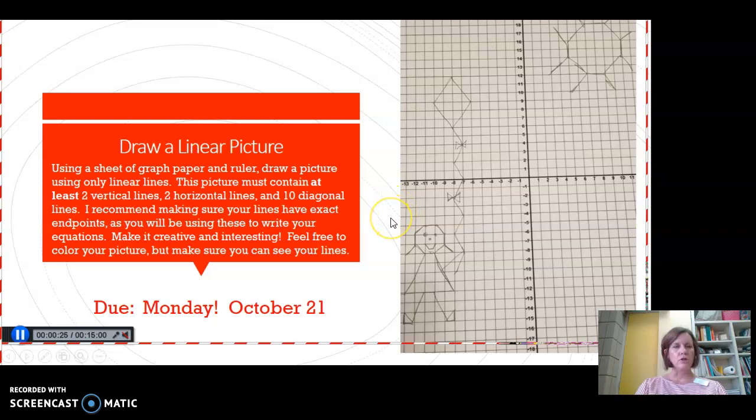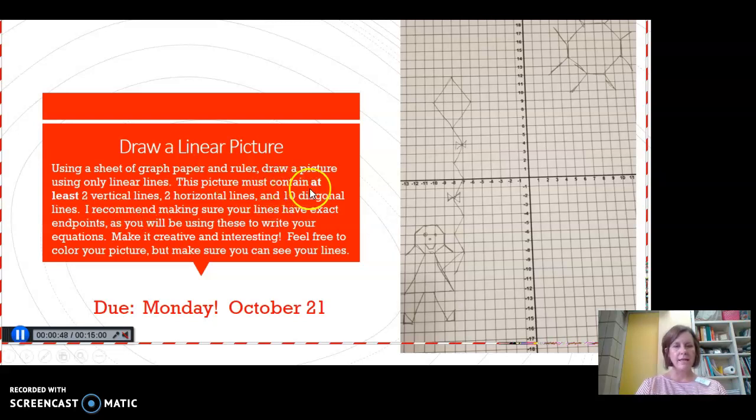Okay, so part one is to draw a linear picture. Linear, remember, just means straight lines. And I've provided some graph paper for you in your packet. If you mess up, I've made some extra copies of the graph paper that your substitute has that you can ask him for. But you're only supposed to draw a picture with linear lines.